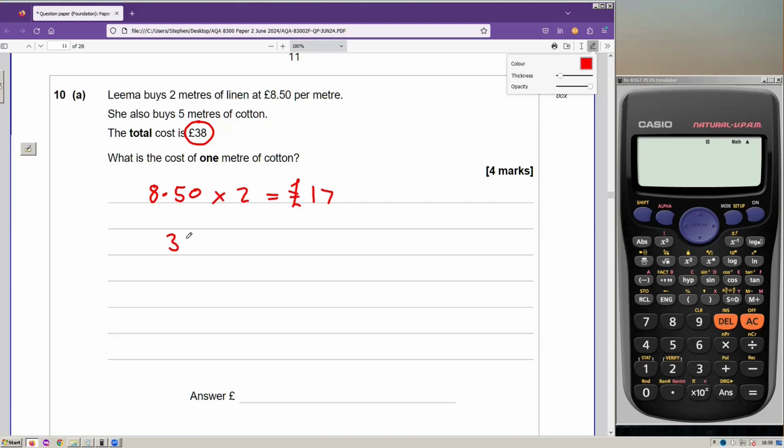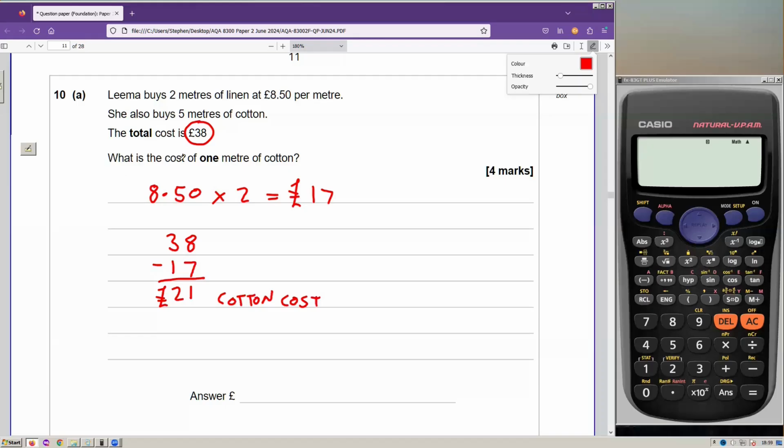So that's 38 minus the 17. 7 from 8 is 1. 1 from 3 is 2. 21. Okay. £21. So that's the cotton cost.